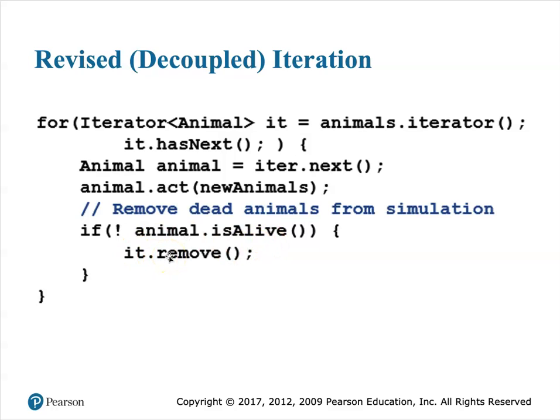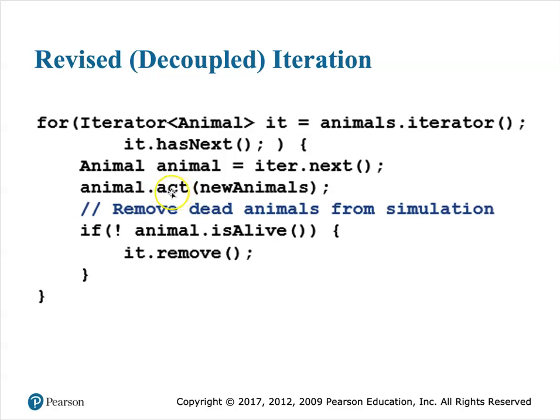So instead of having two different collections, we have one collection of the superclass animal. But we do have a bit of a problem. See, animal. We know how a fox should act. We know how a rabbit should act.